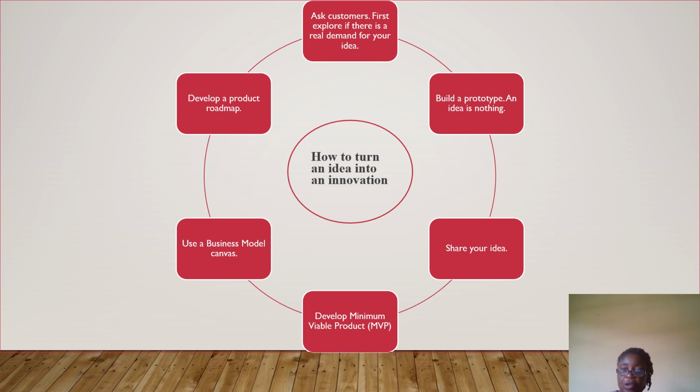You want to explore if there is a real demand for your idea. Too often, some people put time and effort into an idea that nobody really cares about. That is, you make time to do something that people do not derive pleasure in patronizing.